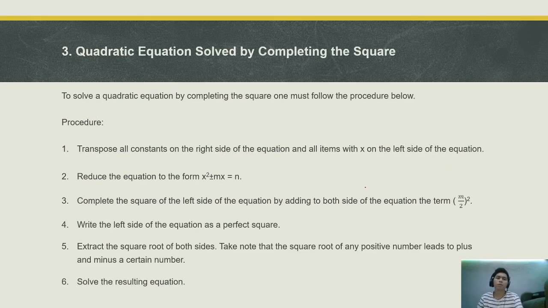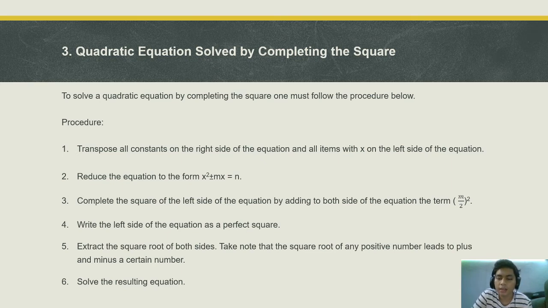Alright, how about solve the equation by completing the square. Some of you may not be familiar with completing the square. To solve a quadratic equation by completing the square, one must follow the procedure below. Number 1, transpose all constants to the right side of the equation and all terms with x to the left side of the equation.